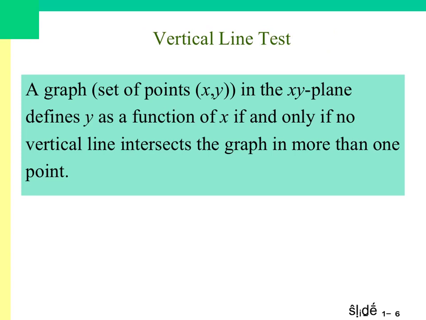A graph, a set of points (x, y) in the xy plane, defines y as a function of x if and only if no vertical line intersects the graph in more than one point. There's the vertical line test.